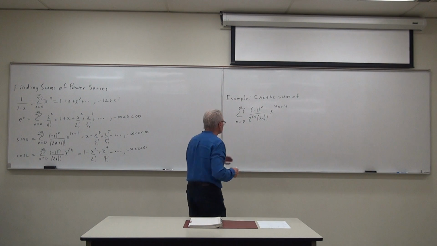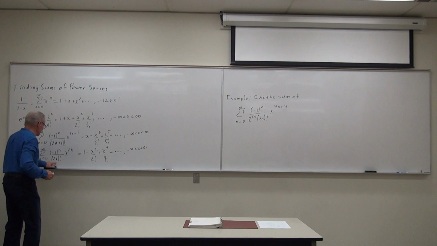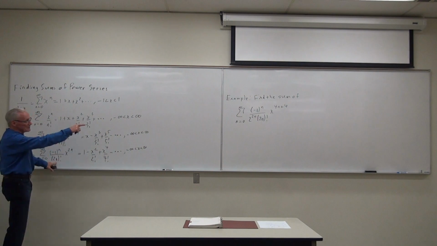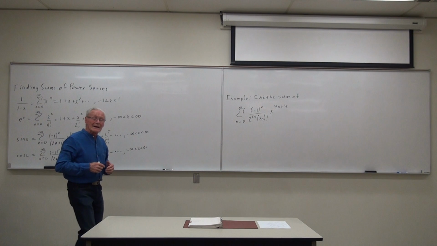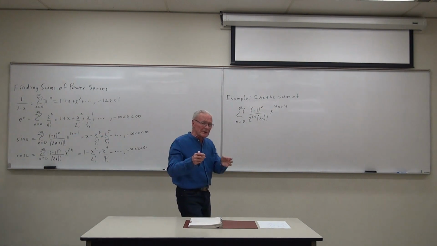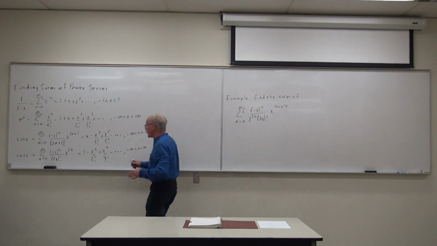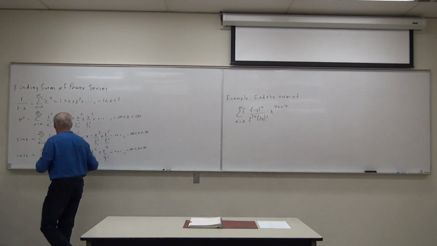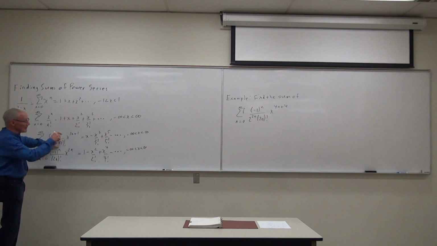Well, when I look at this one and I start comparing to these ones, I'm automatically drawn to this one because of that 2n factorial in the denominator, just like the cosine function in its Maclaurin series, that 2n factorial in the denominator. So I'm immediately going to concentrate on this one, and I'll look for the pieces to fit. I like to see there's a -1 to the n over there. That looks good. It starts at n equal to 0. That looks good.